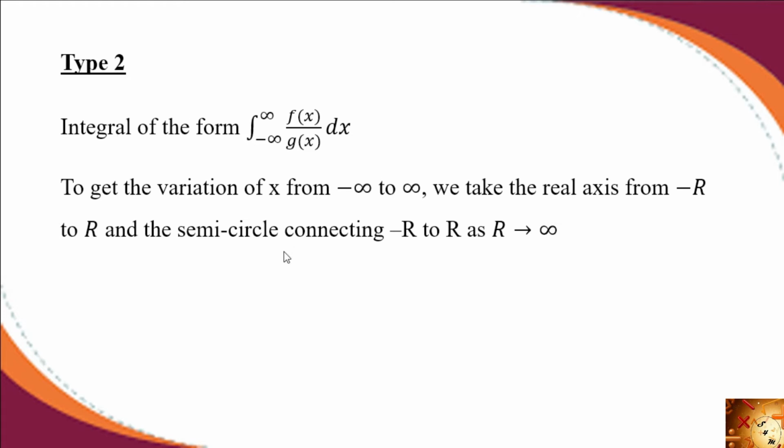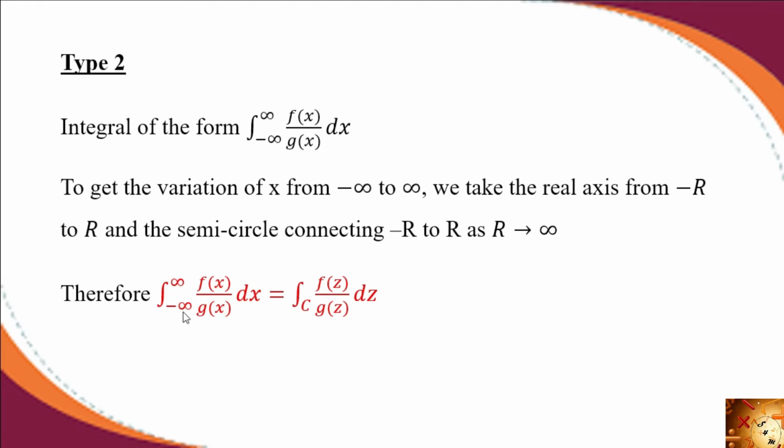First of all, we want to convert this integral in terms of z, that is replacing x by z. Then we want to give the limits of integration with respect to z. For that, we are considering the region minus r to r and a semicircle connecting minus r to r.